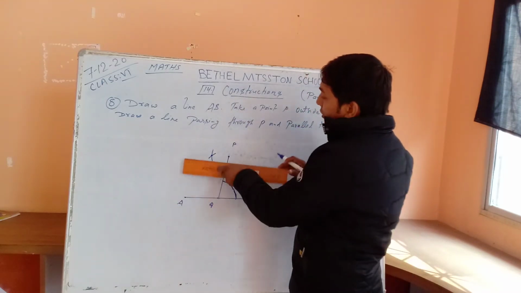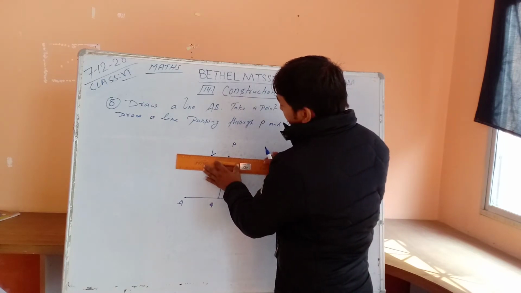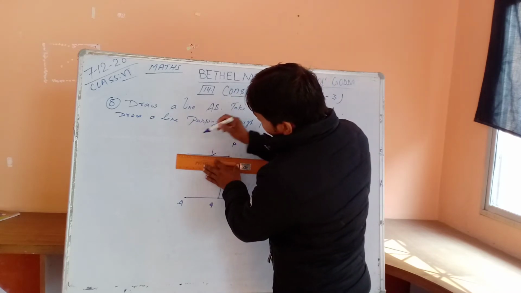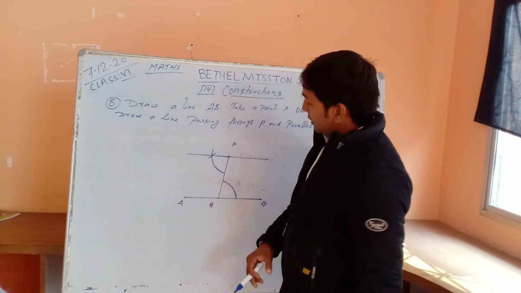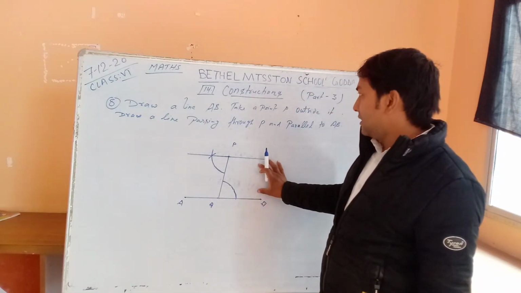Now you can draw a line which passes through both points. Now both lines are parallel.